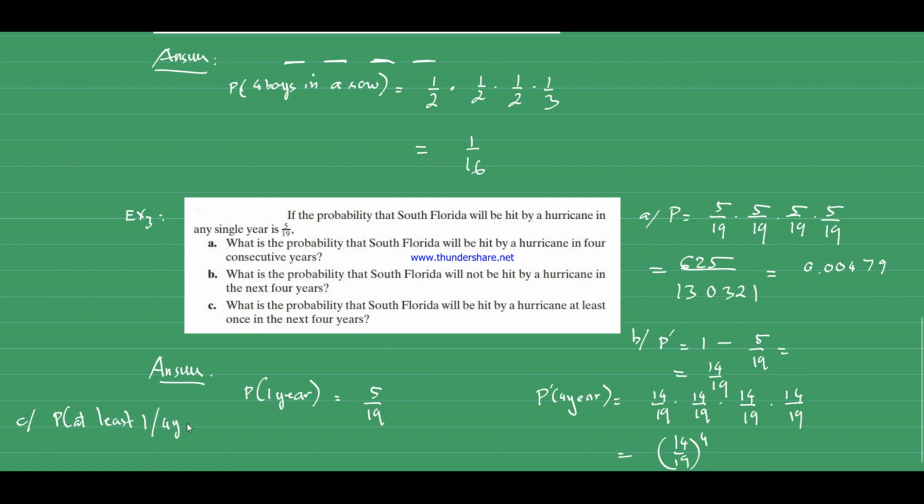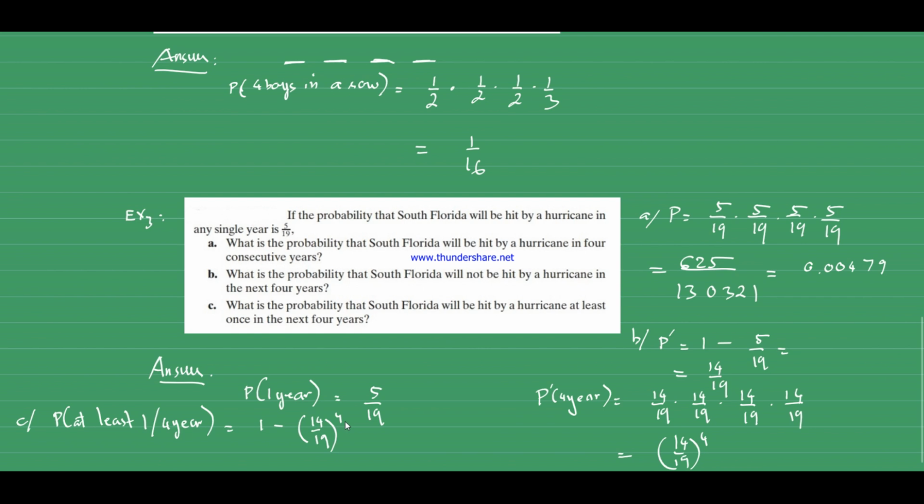For 4 years, this is the probability of not being hit in the next 4 years. At least 1 hit, so this is 1 minus 14 over 19 raised to the 4.